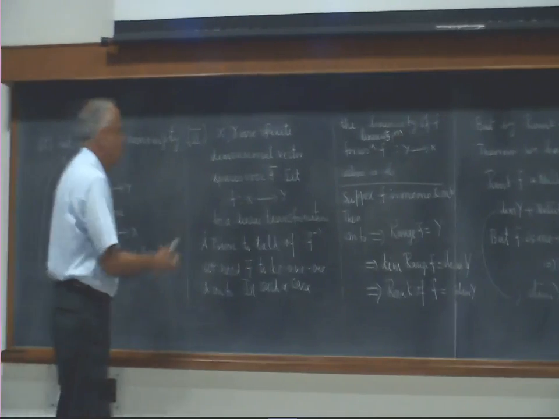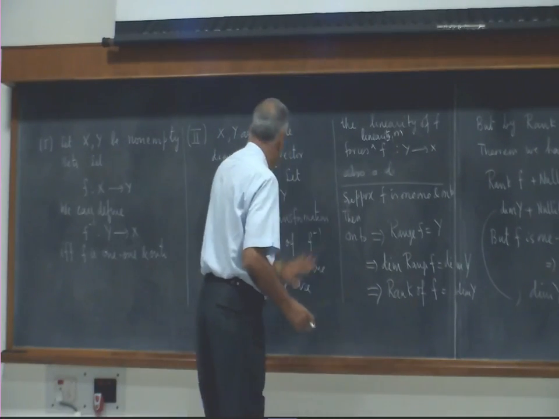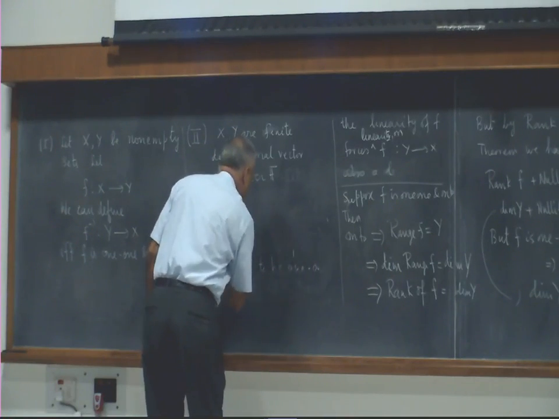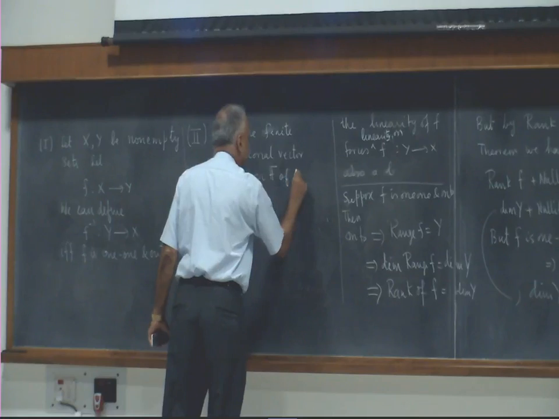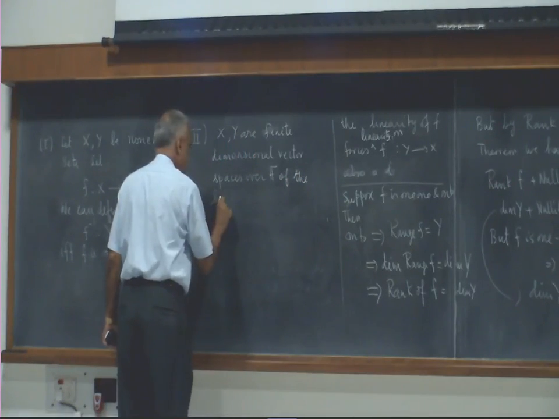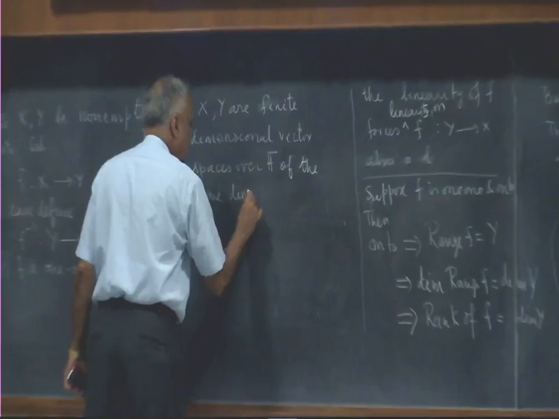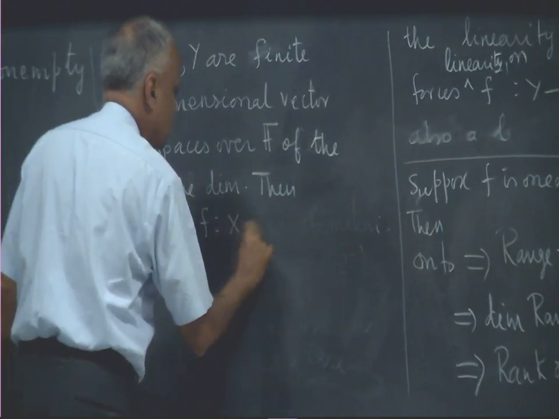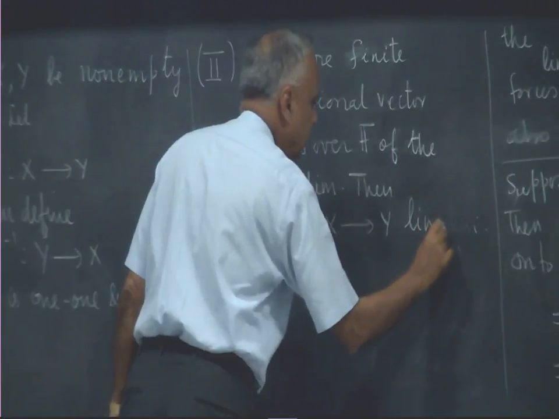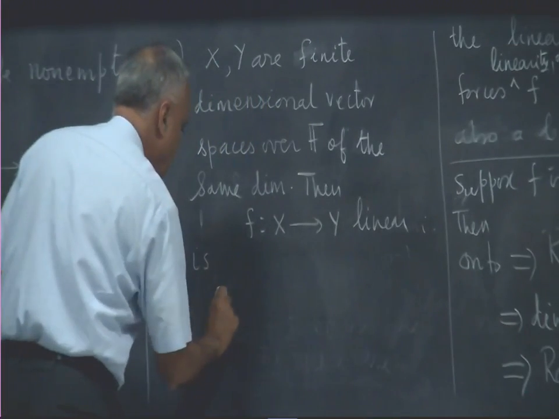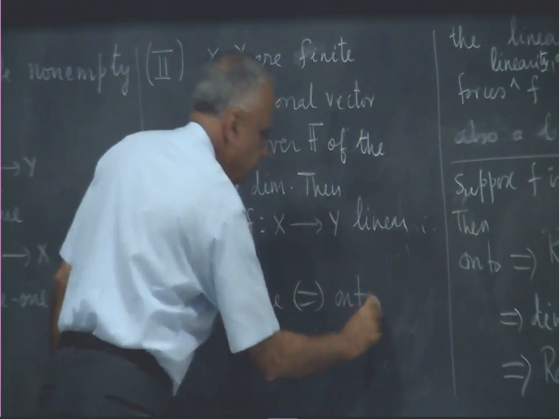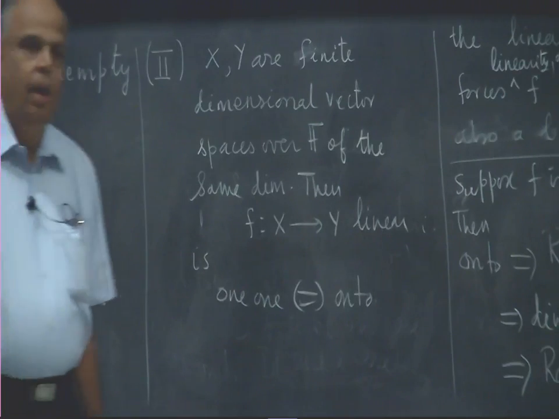So therefore, I will now erase all this. For finite dimensional vector spaces of the same dimension, F mapping x to y linear is 1-1 if and only if onto.